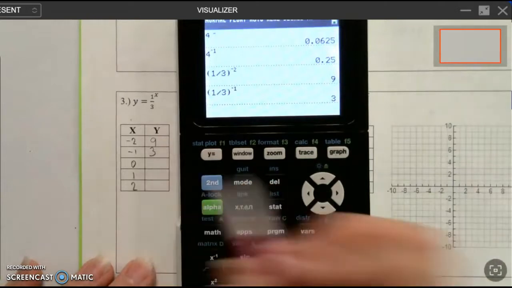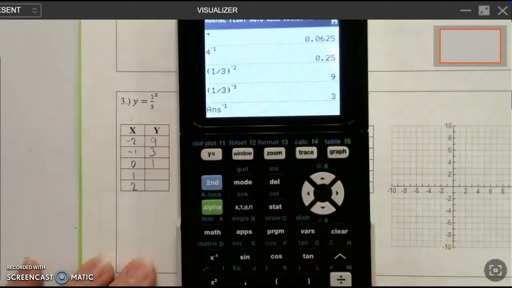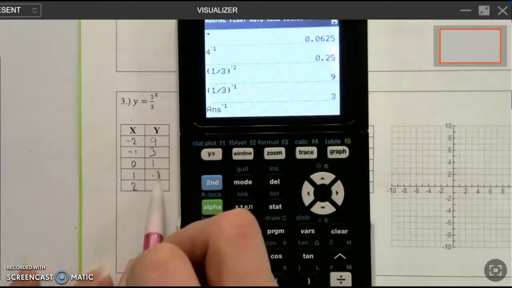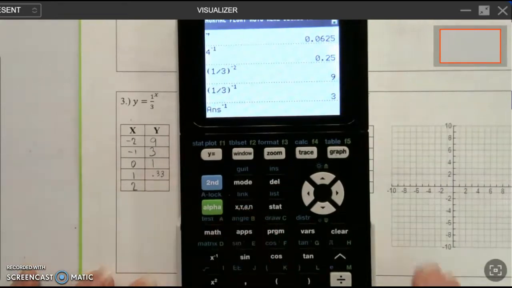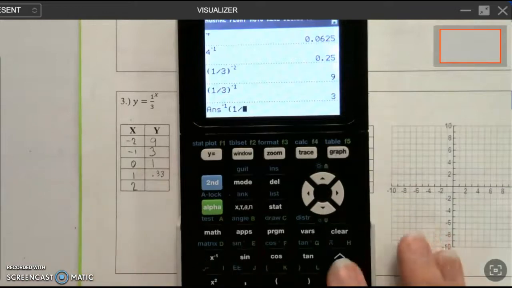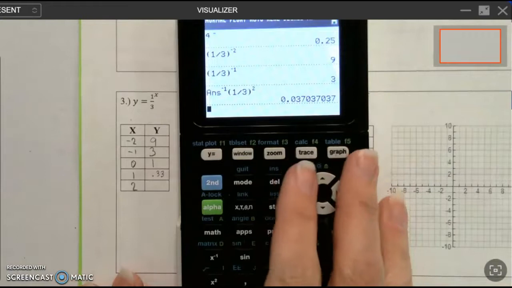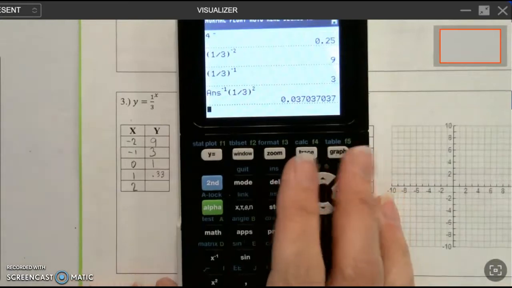Anything to the 0 power is 1. To the first power is 1/3, which is going to be 0.333. And then 1/3 to the second power is 0.04.